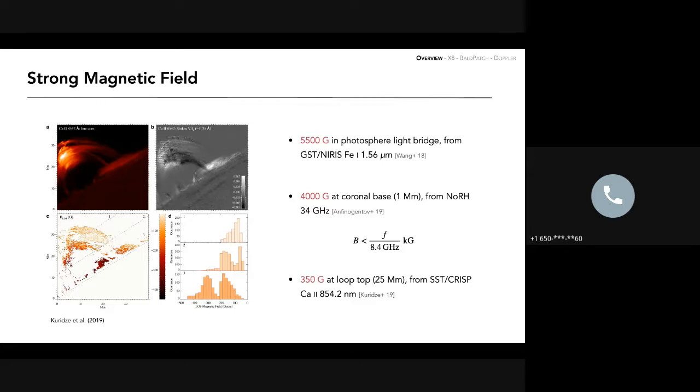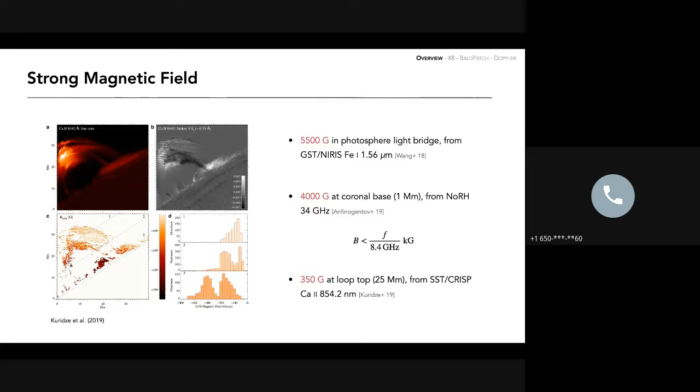And now using the Nobeyama Radioheliograph, they observe a source in the active region at very high frequency, at 34 gigahertz. So if the emission is coming from gyroresonance, you know that the magnetic field is directly proportional to the frequency that you're observing with, and it is inversely proportional to the harmonic number.